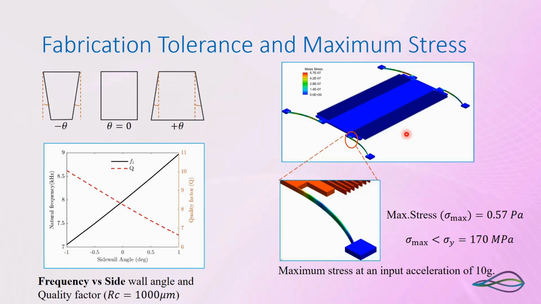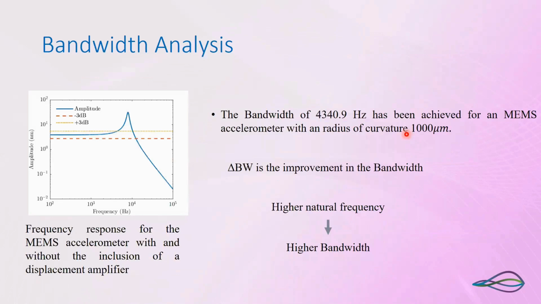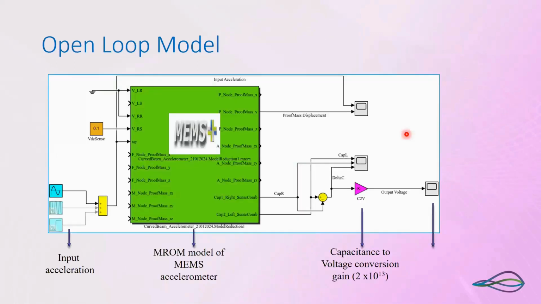That will also vary with this side, which we have also calculated and found the variations. Then stresses, which turn out to be 0.57 megapascal. Sorry for the mistake. Which is quite less than the yield. So it is safe. We also found that because of the curved beam, the bandwidth can also be increased.